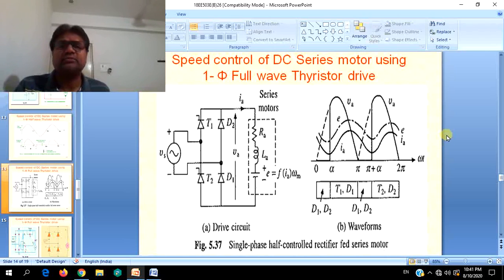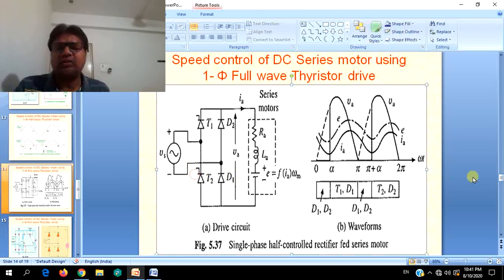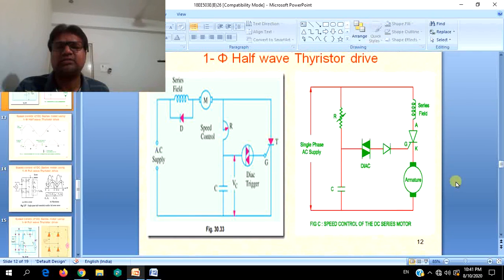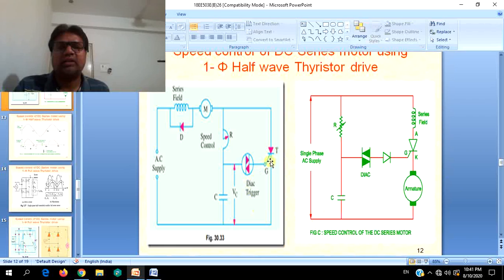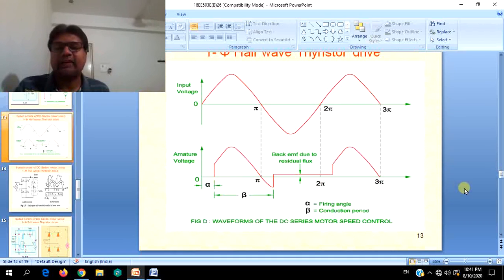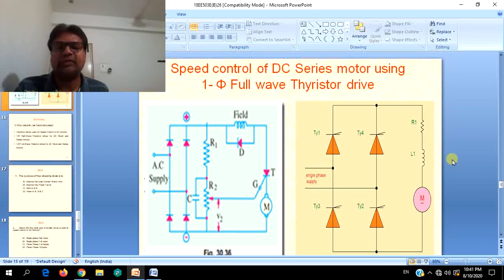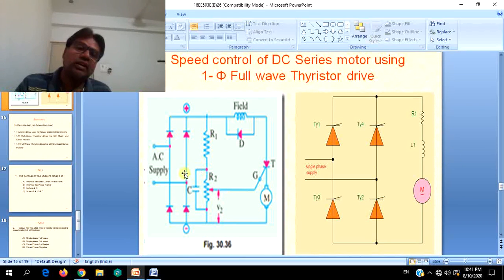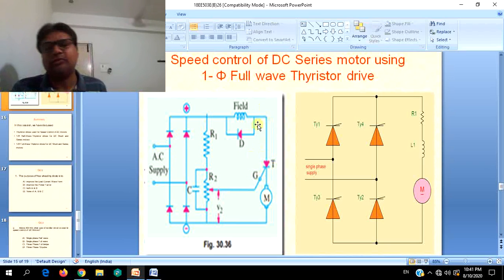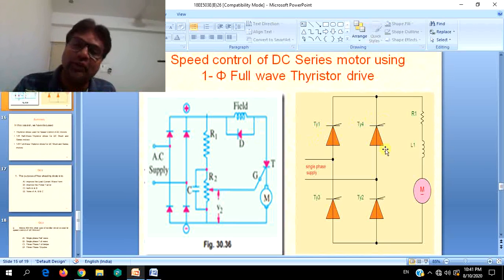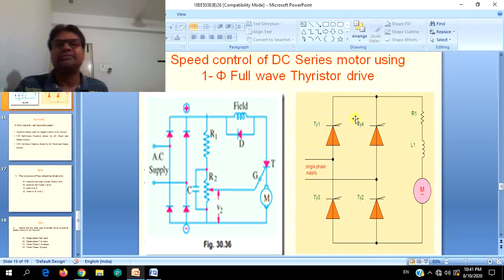Again, they can be half controlled or half wave controlled, half controlled full bridge for full wave, uncontrolled full bridge with a single SCR controlled full wave, and this is a fully controlled full bridge full wave thyristor drive.